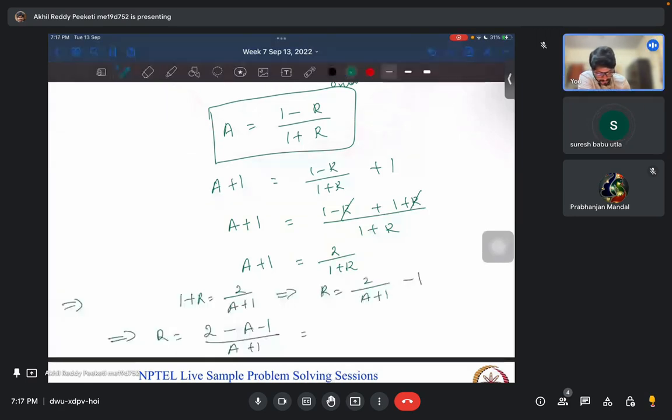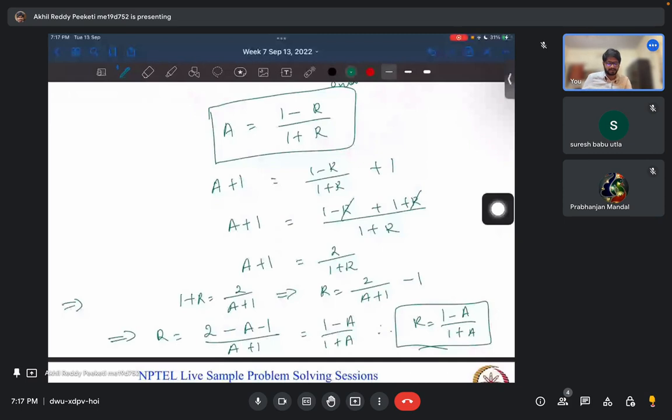So this is 1 minus A by 1 plus A. Okay, so this way you can interchange. If you know A, you can calculate R, and if you know R, you can calculate A.